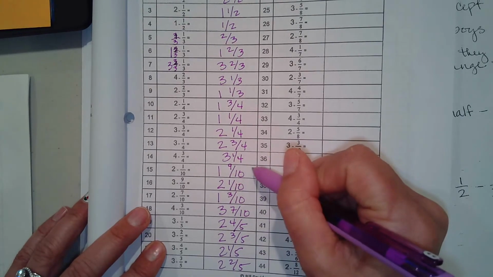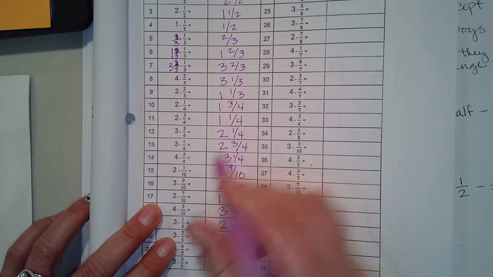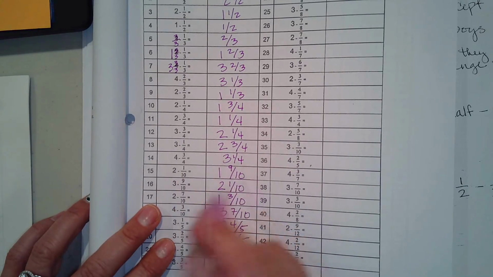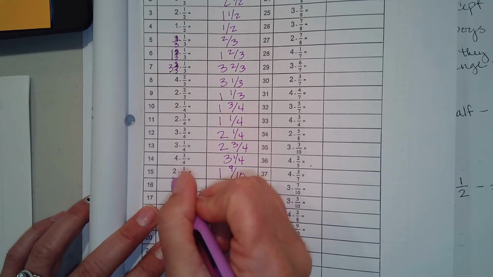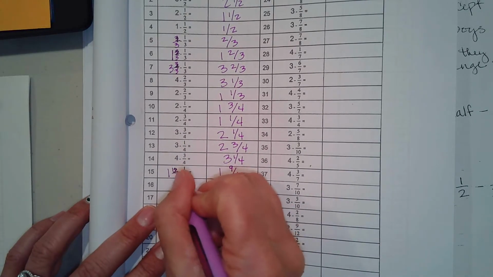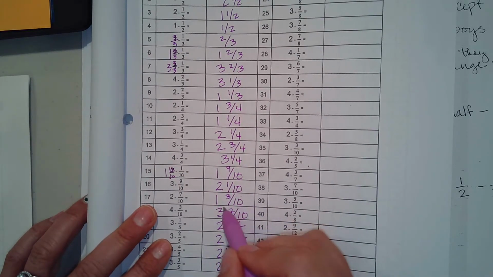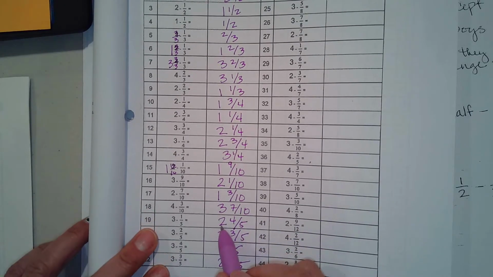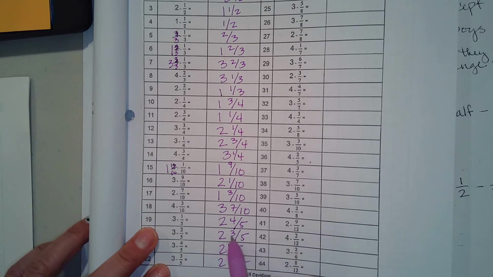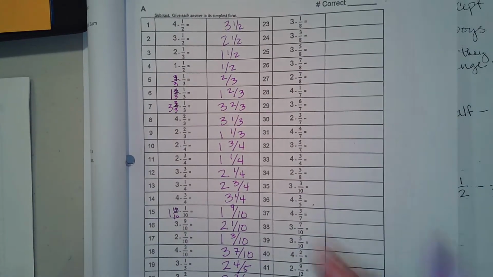Once you get that common denominator down, all of a sudden you can start thinking more quickly, like 1 and 10 over 10. Okay, 2 and 1/10, 1 and 3/10, 3 and 7/10, 2 and 4/5, 2 and 3/5, 2 and 1/5, 2 and 2/5.